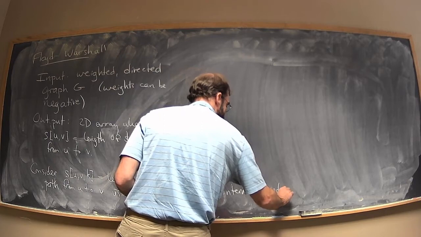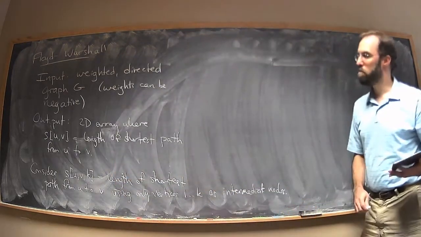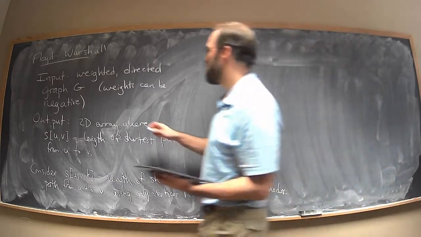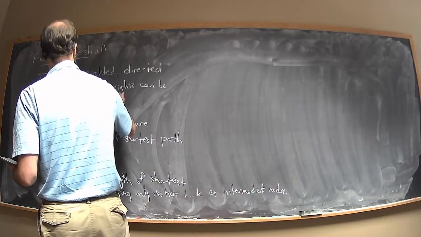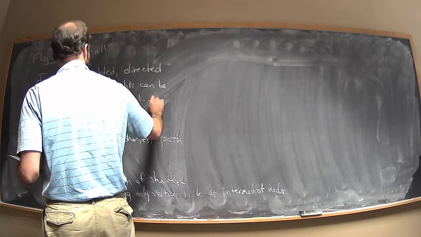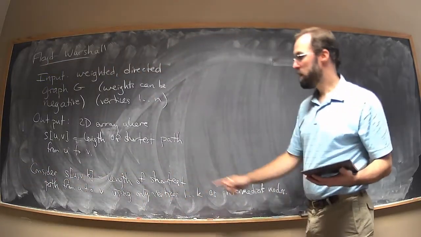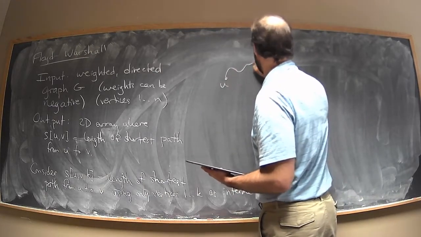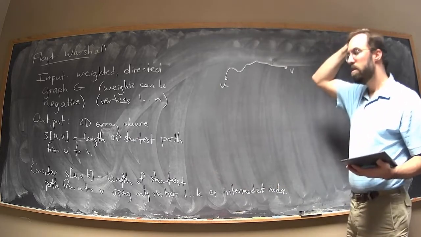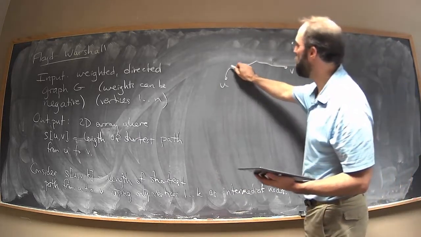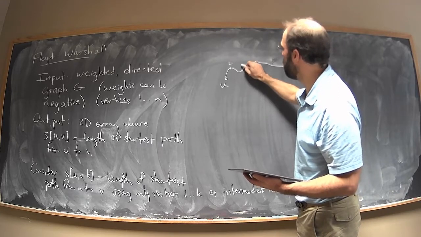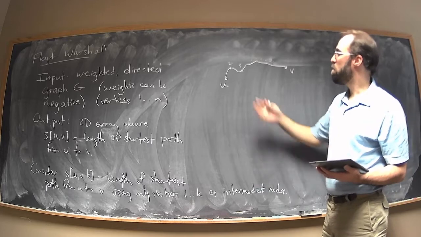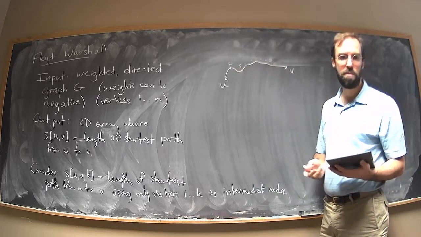Okay, so I'm assuming that the vertices of our graph are numbered from 1 through n. If I have my u and I have my v, I might have some shortest path between them that might go through vertex 2 and vertex 5, certain vertices, but if I'm only allowed to go through vertices numbered 1 through k, what's the best I can do?